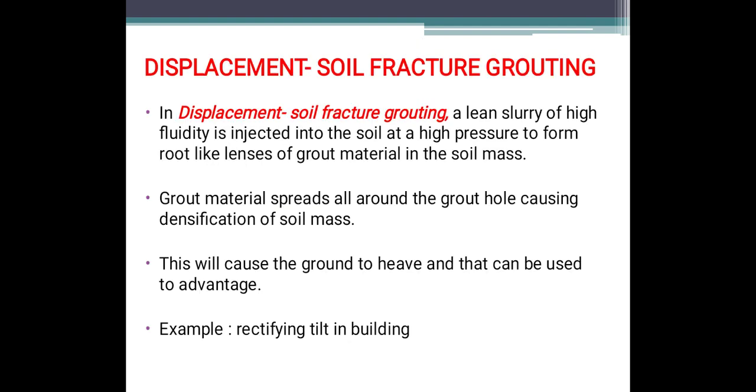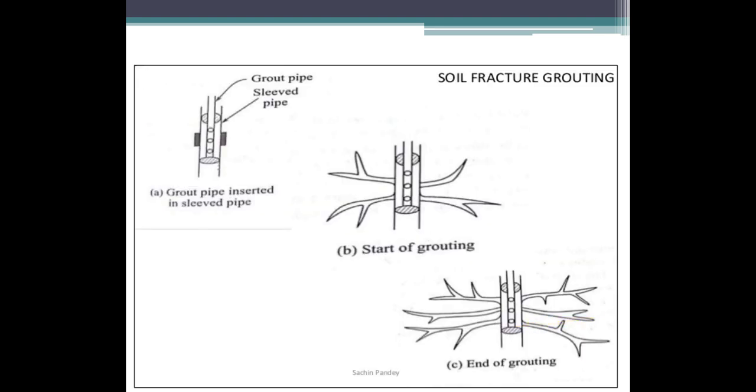Third one, we have displacement soil fracture grouting. In displacement grouting, the second type is soil fracture grouting. A lean slurry of high fluidity is injected into the soil at high pressure to form root-like lenses of grout material in the soil mass. High pressure grout is injected in the grout pipe, which is sleeved.